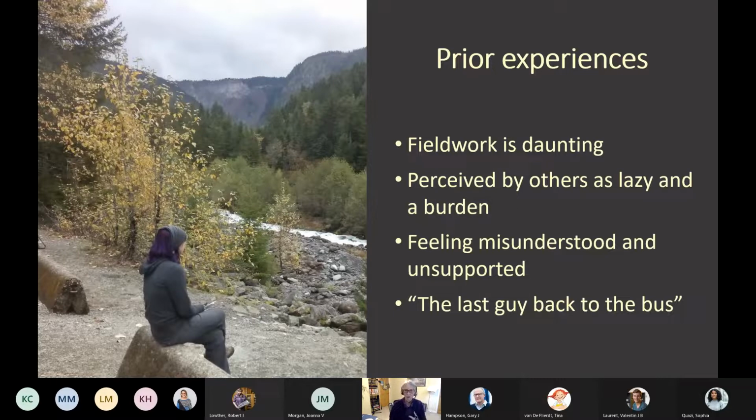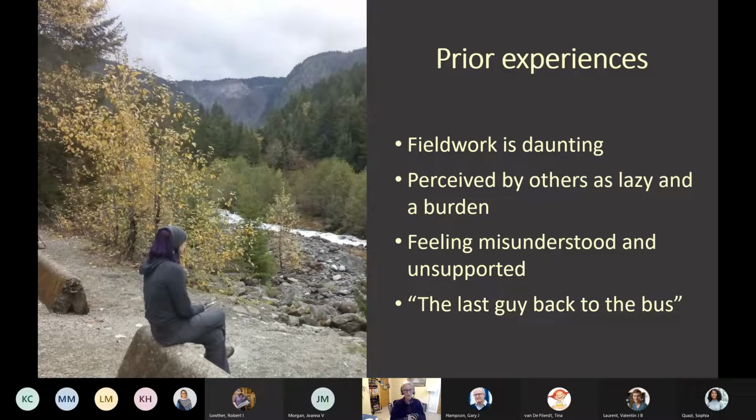If you go to a restaurant, for example, and the food's rubbish and the waiting staff are rude, you're not necessarily going to want to repeat that experience again in the future. And it's a similar concept with fieldwork. If students go into the field and they don't have a positive experience, that can influence their attitudes and their feelings towards their future fieldwork experiences.